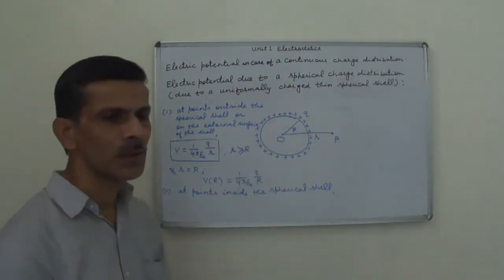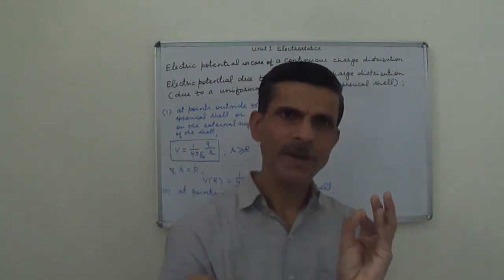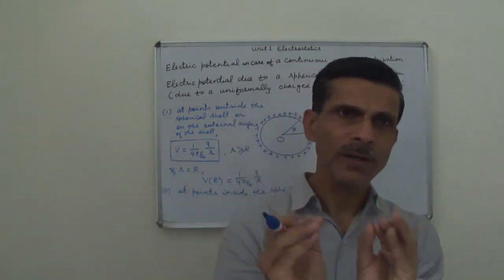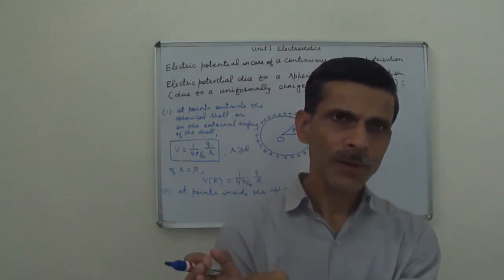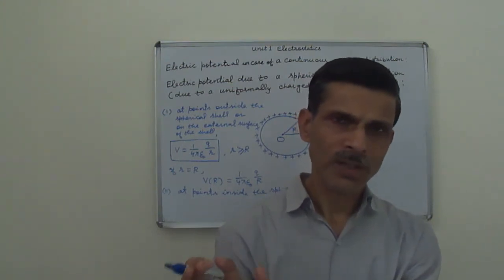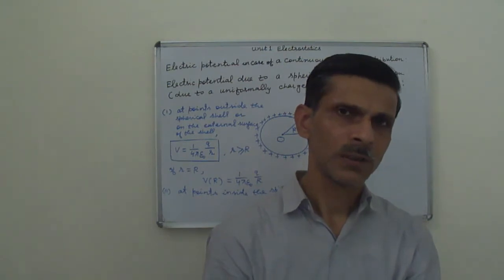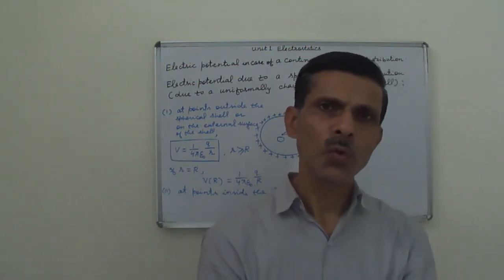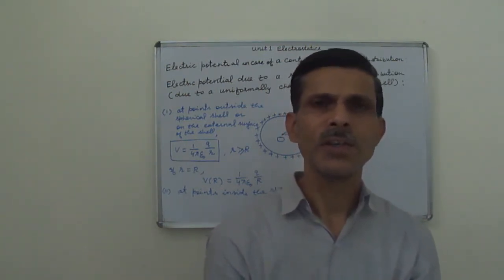This means if we consider 2 points inside shell, then no work is done by the electric field in moving a positive test charge from one point to the other. This means potential difference between 2 points inside spherical shell is 0.